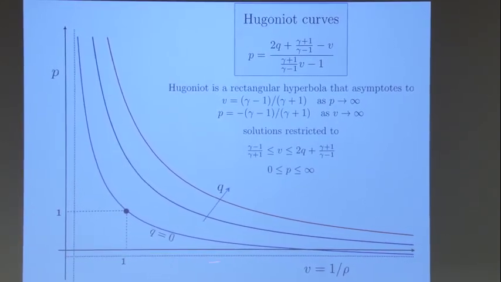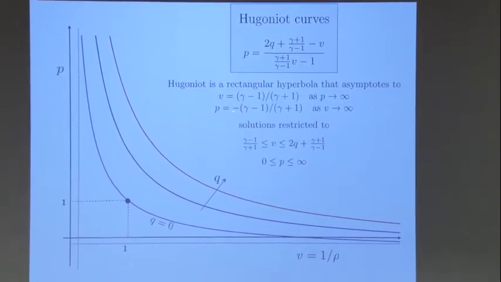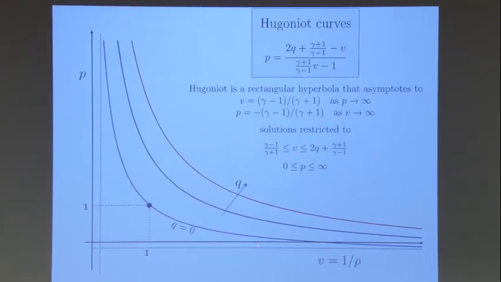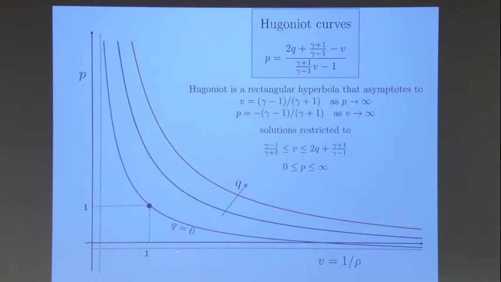Similarly, there is an asymptote here, which is when V goes to infinity, but this asymptote is below the axis, so clearly it's not possible beyond this point because then P becomes negative and it's not physical. So the solution must be, first of all, restricted to that range, okay?